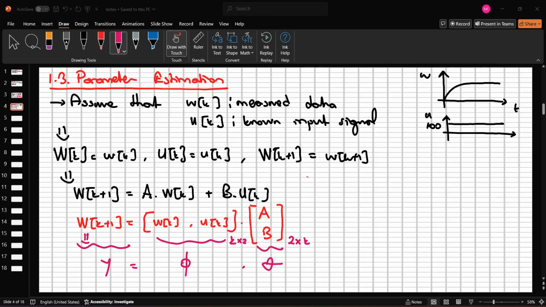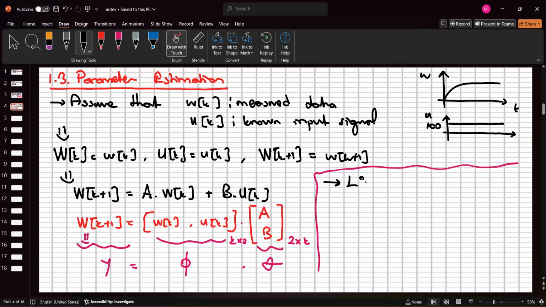So what is least square approximation? We can find these theta values A and B from this data because we have the whole time history in here, and so we have the Wk+1 value, Wk value, Uk value, and so we can easily find the A and B. The least square approximation is defined with this formulation.